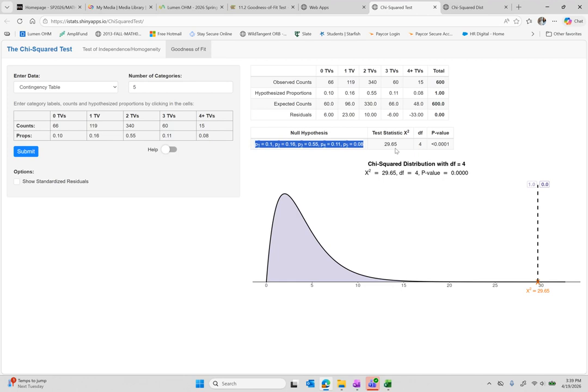The test statistic is the one that I actually calculated in Excel and manually of 29.65, and the p-value is much smaller than 0.0001. So it shows here with accuracy at 4 decimal places of being 0. This p-value is much smaller than our significance level of 1%, and therefore we have enough evidence to reject the null hypothesis and to support the alternative hypothesis.